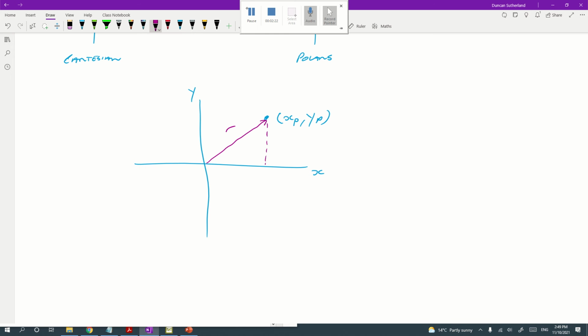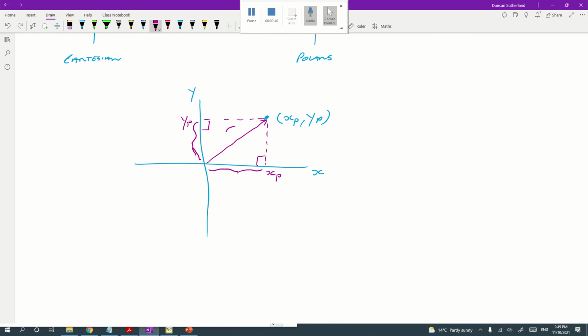Let's draw in the rest of this triangle, xP, yP, like that. Right, so we know this distance here from the origin is xP, and we know that this distance here from the origin is yP. It's a right angle triangle, right?